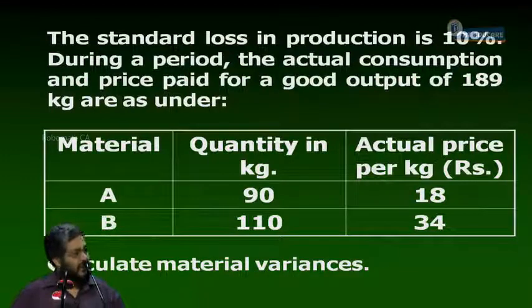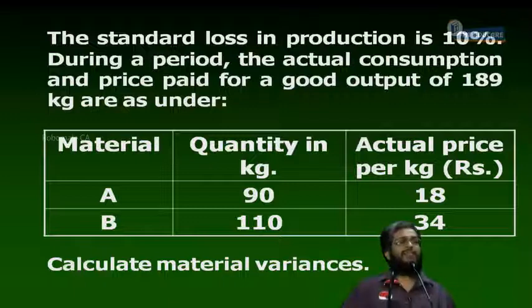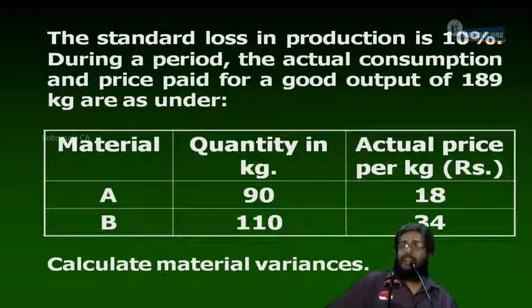Now, see. You are going to tell me the calculations. How many steps are there? 2 steps. Step 1 is what? 3 columns or 4 columns? Why 4 columns? Because material A and B are mixed to produce finished goods, so we are using a single mixture.